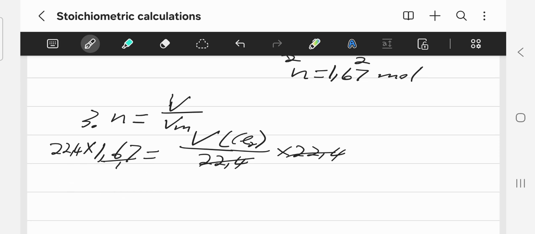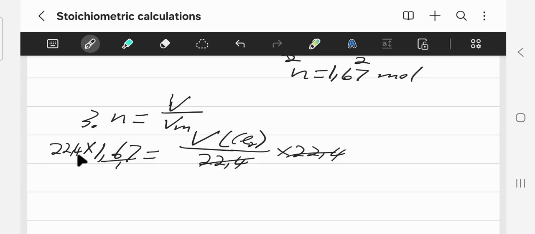So when I say 1,67 multiplied by 22,4, the answer I'm getting is 37,20, or yeah, I think that's what I'm getting. Okay, I made a mistake, guys.